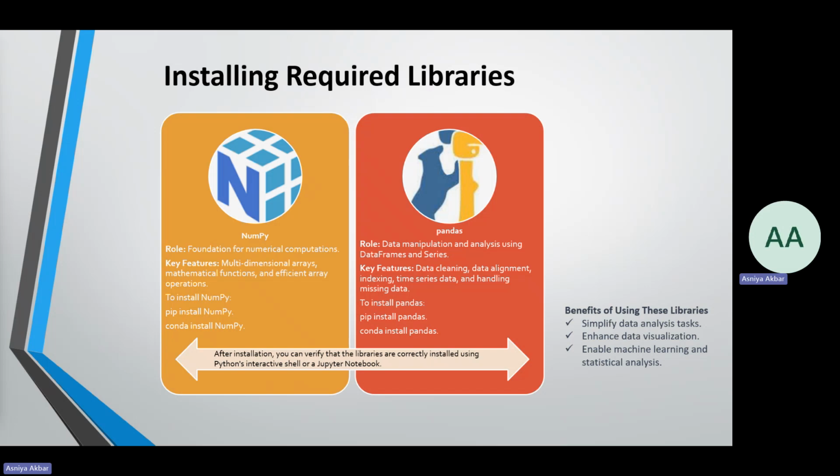Also, it has very effective data indexing and selection for data analysis and manipulation. It also has specialized tools for working with time series data, essentially for tasks like financial analysis. Pandas also provides tools for handling missing data, making data analysis more robust.